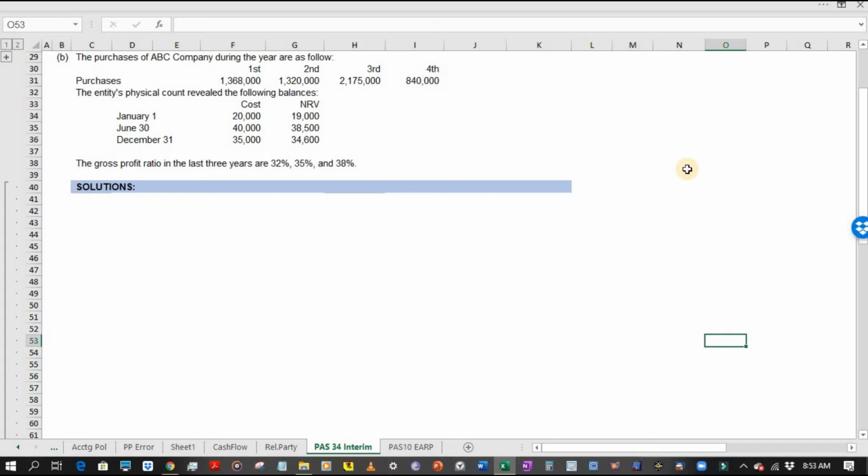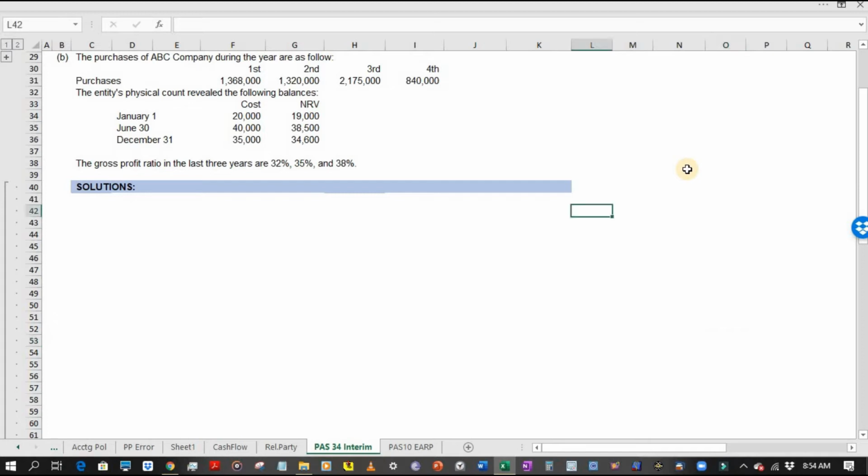So in this case, we are going to compute for the cost of sales that will appear in the income statement, the quarterly income statement, and of course the ending inventory that will appear in the statement of financial position at the end of each quarter. So let us start now with the first quarter.